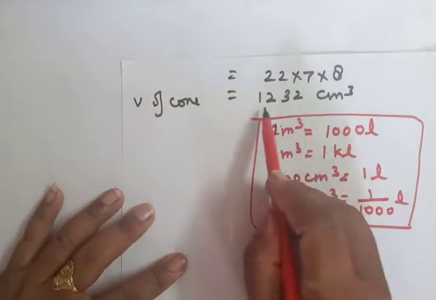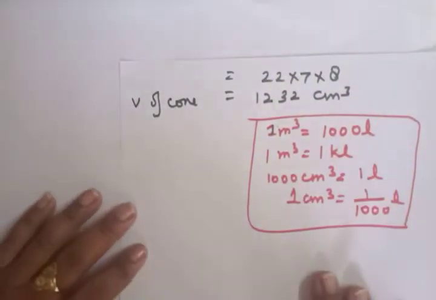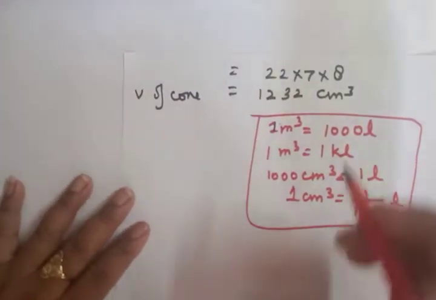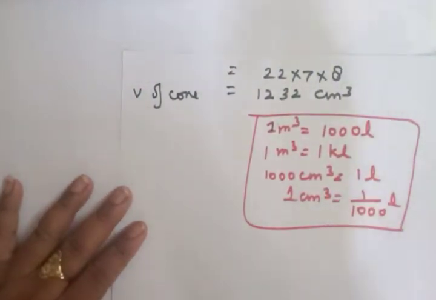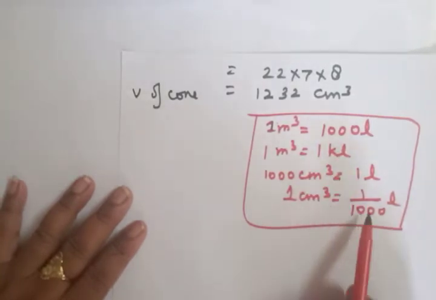Now we have to convert this, because the question wants the capacity in liters. So we have to convert the centimeter cube into liters. As I already told you, 1 centimeter cube is equal to 1 upon 1000 liter.